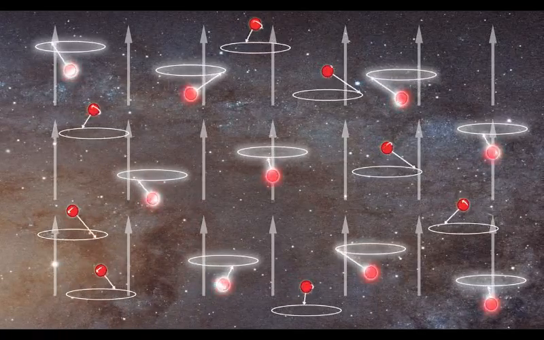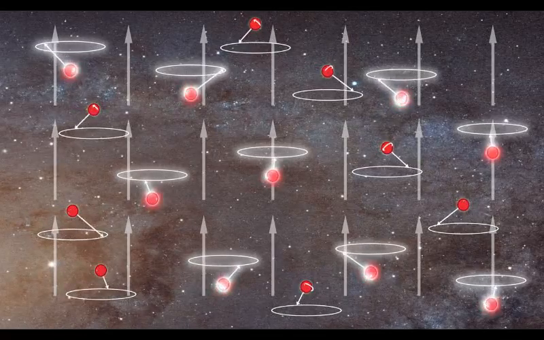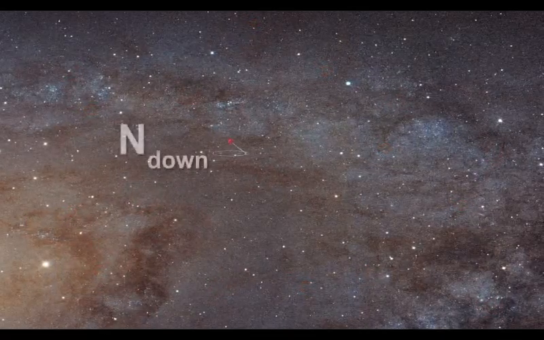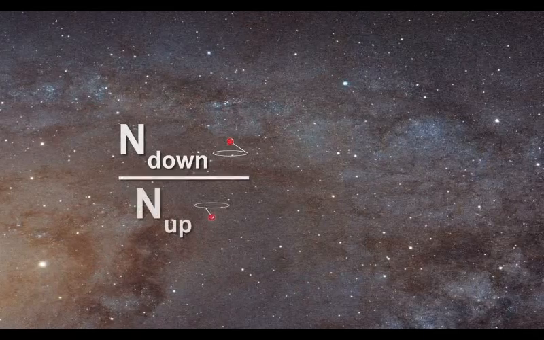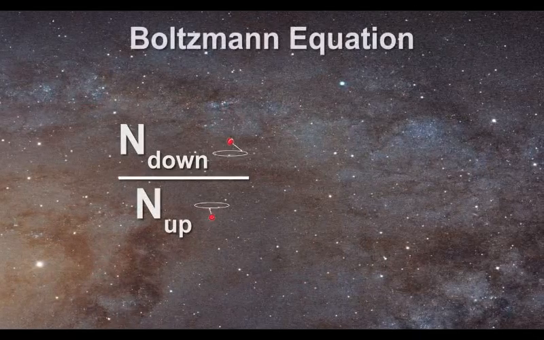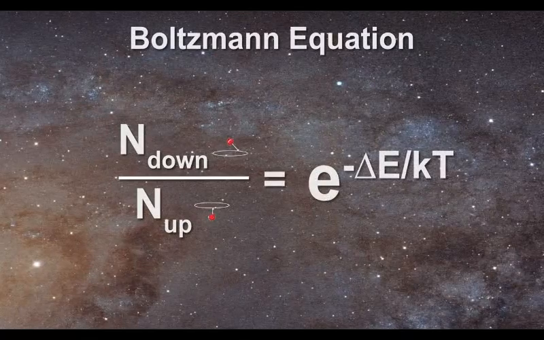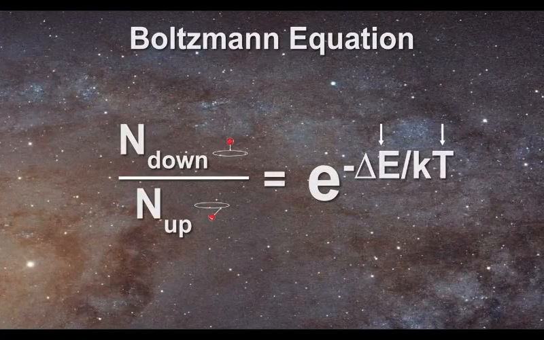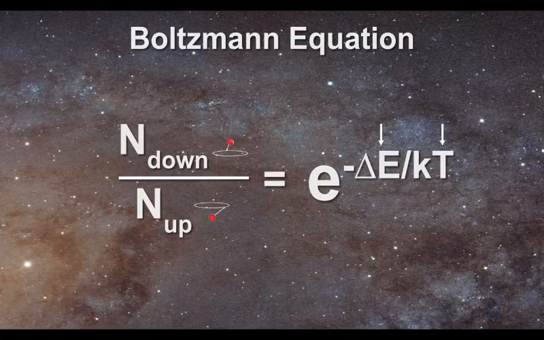We will have just two energy levels, with the spin up protons in the lower energy level. The amount of protons in the upper or the lower energy state is given by what is known as the Boltzmann equation. It depends solely on temperature and the energy separation between the energy levels, known as delta E.